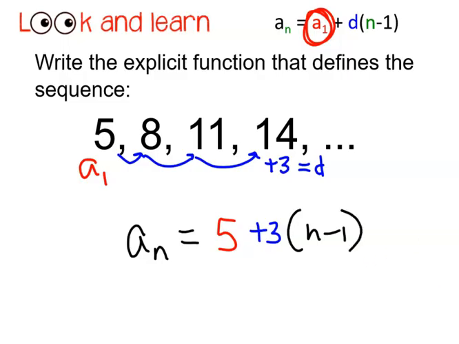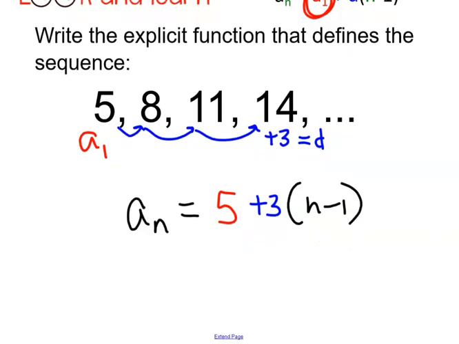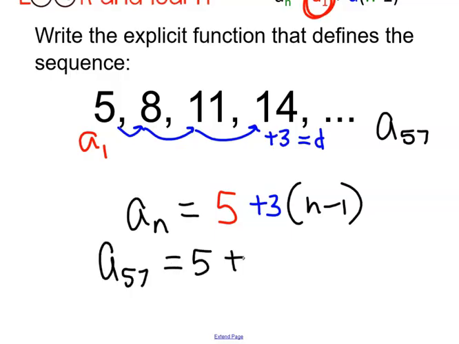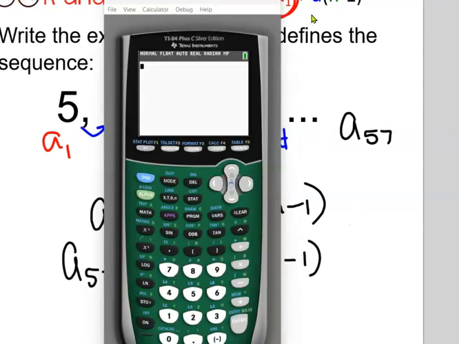Let's try using the formula now. Let's see what the answer would be if we wanted to find the answer in the 57th position. Well, the answer in the 57th position would be equal to 5 plus 3 times the quantity 57 minus 1.